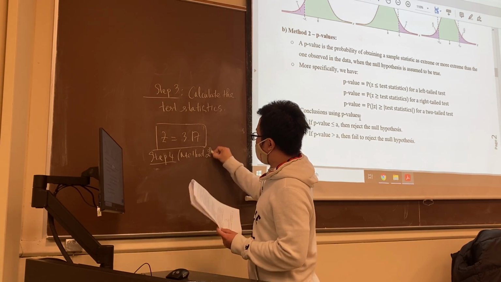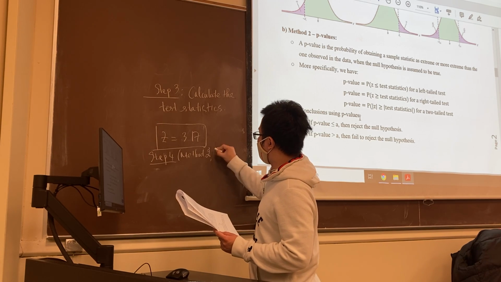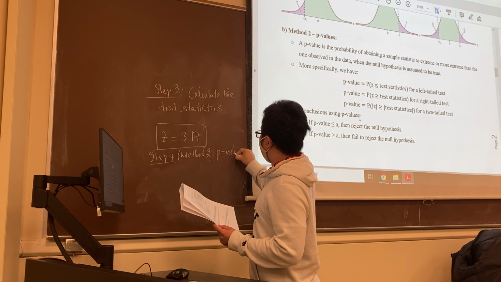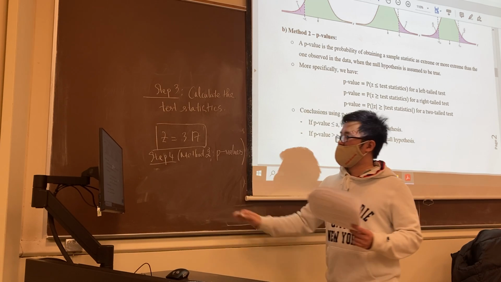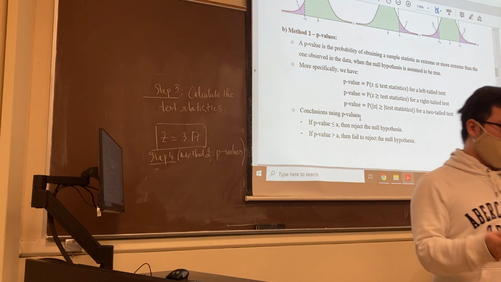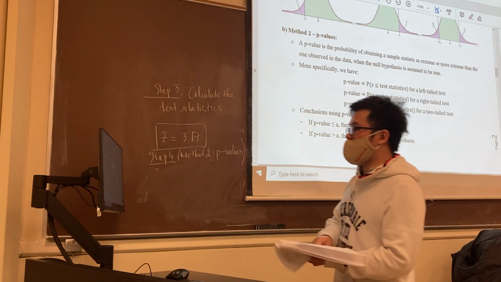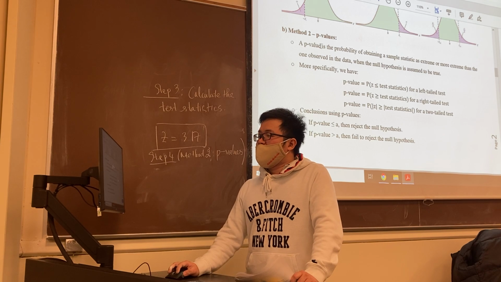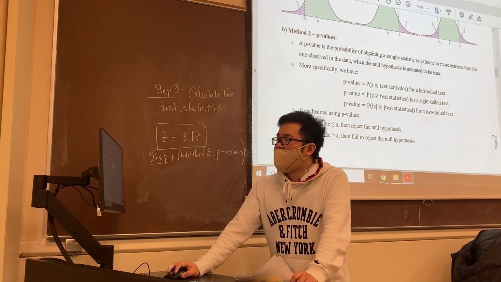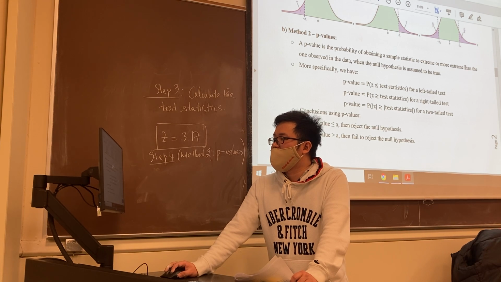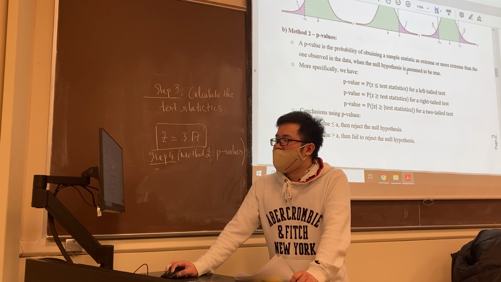Method 2 here is the p-value. How to calculate this? The p-value is the probability of obtaining a sample statistic as extreme or more extreme than the one observed in the data when the null hypothesis is assumed to be true.